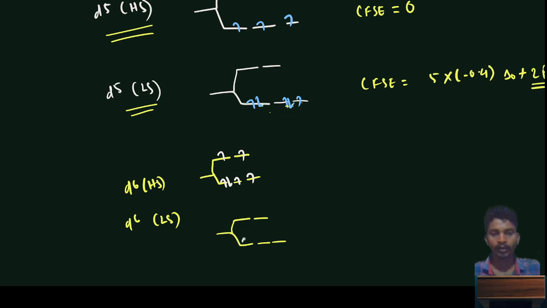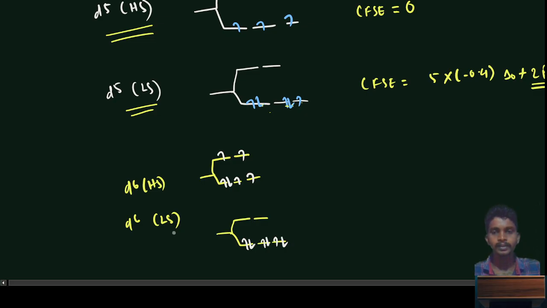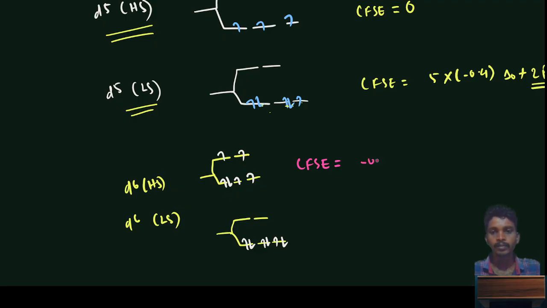And low spin, then 1, 2, 3, 4, 5, and 6. So you see that for both cases, CFSE is equal to how much: that is, 5 will be 0, and this is minus 0.4 delta naught plus 1 pairing is there.